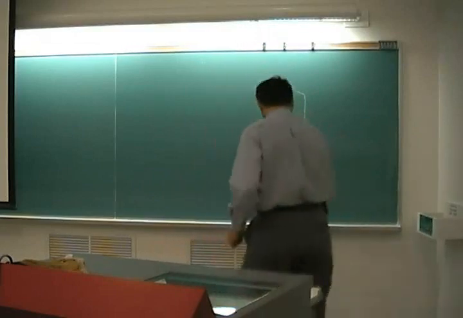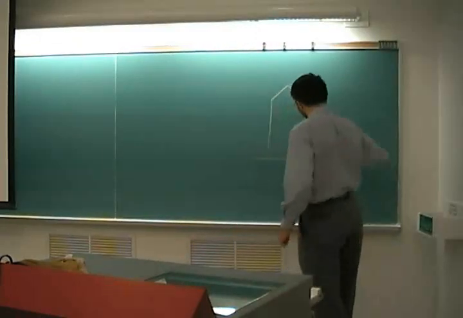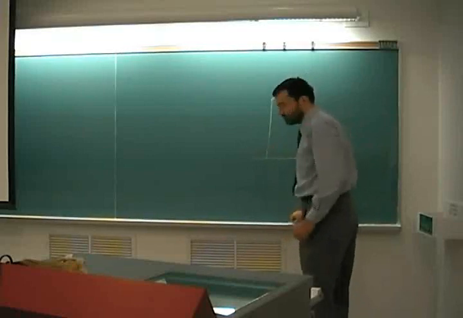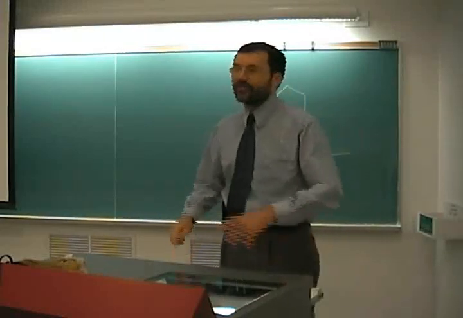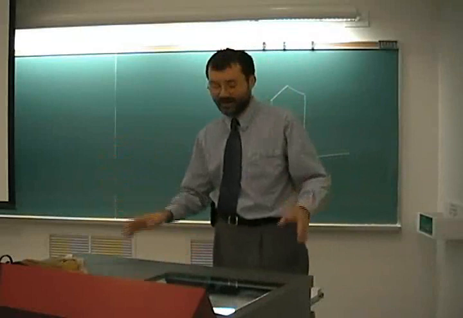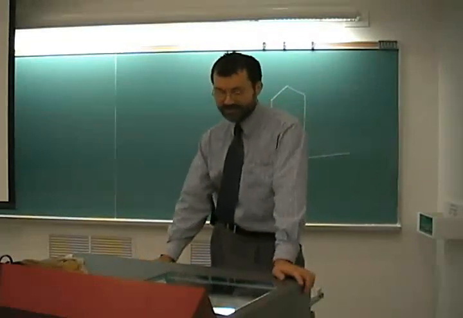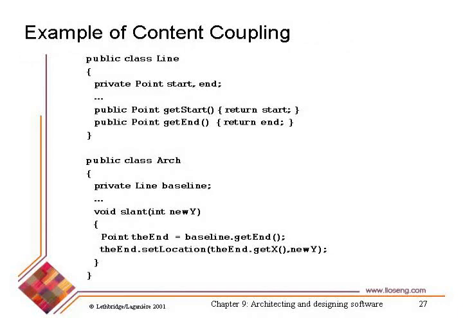It has a baseline that says what kind of base it's sitting on. This is a very artificial example, but it's to illustrate a case. That baseline has a slant. That slant is an integer value of some kind. Maybe it's the angle in degrees, and we can change the slant.